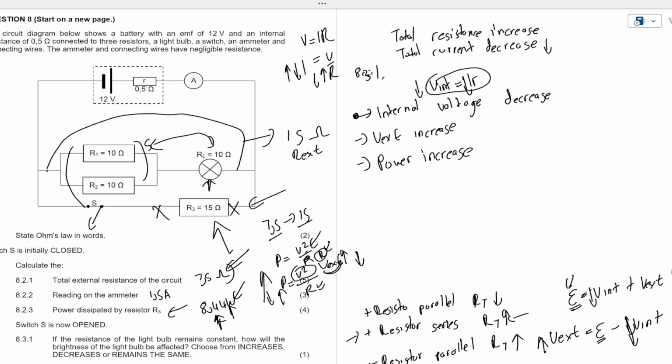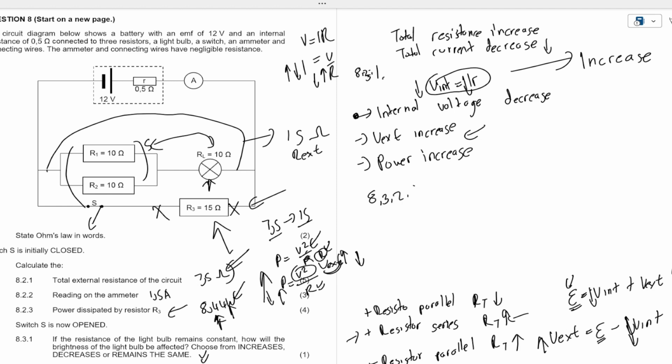Note that the first question needs increase, remain the same, or decrease. We have reasoned that this is going to increase due to the increment in external voltage. So now let's write it nicely in 8.3.2.